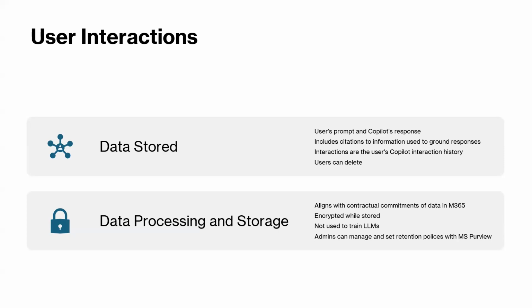You're going to see this called out a couple of times, and Microsoft makes a point of it, but it's important because I think it's a question people have been asking since the early days of AI: is my data used to train these large language models? And the answer is no. These interactions that you have, although they are stored, are not stored to help train the models. They are simply stored as a benefit to the user.